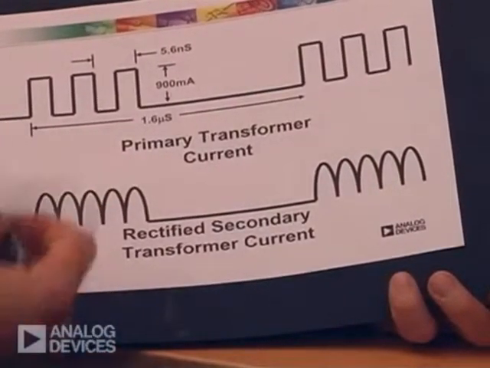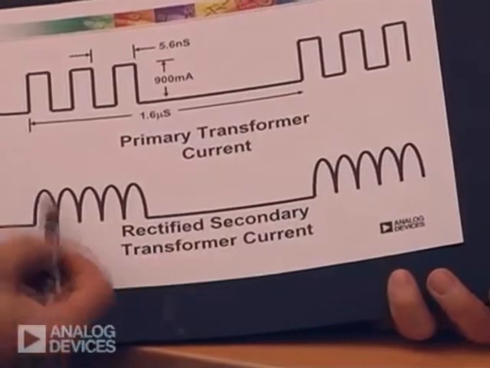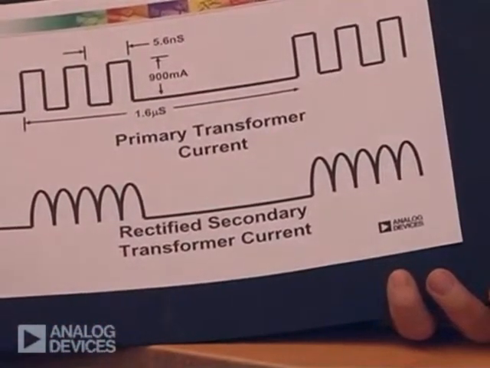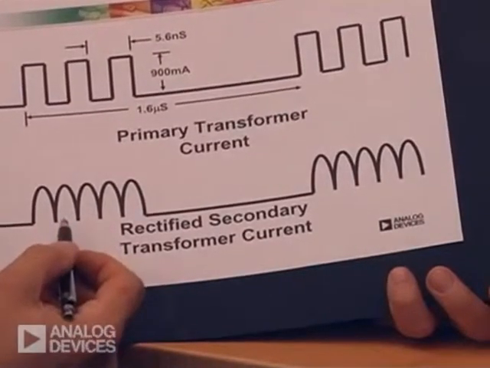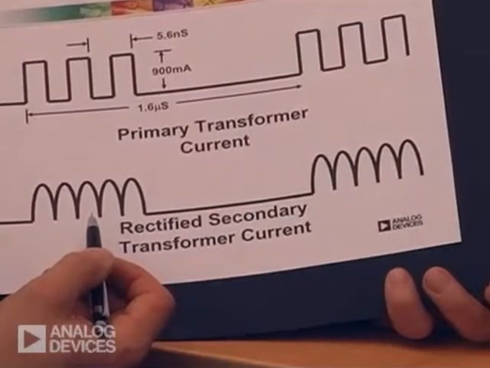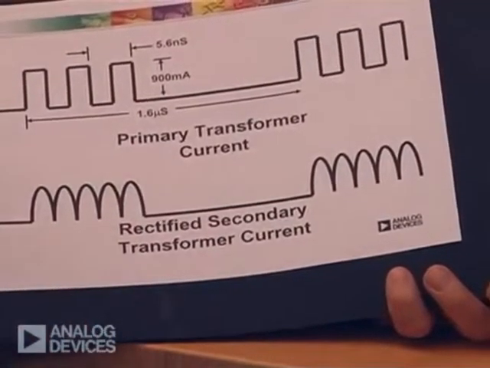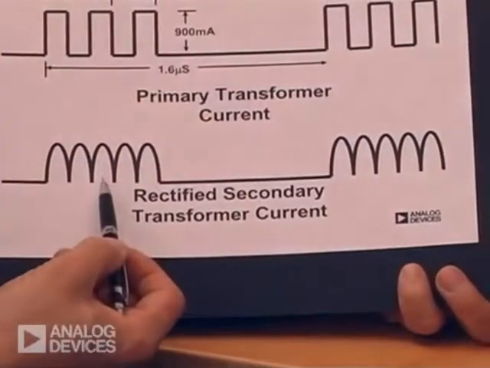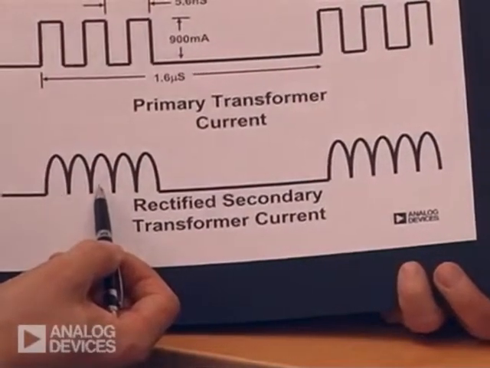This, when it's sent through the transformer and rectified, is turned into something that looks like a full wave rectified signal. This doubles the frequency to 360 megahertz. This gives us the two major frequencies of interest for our devices: 180 megahertz for the drive side, 360 megahertz for the rectification signal.